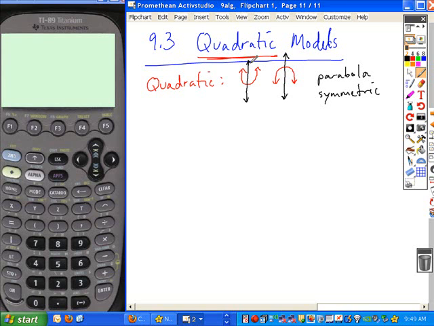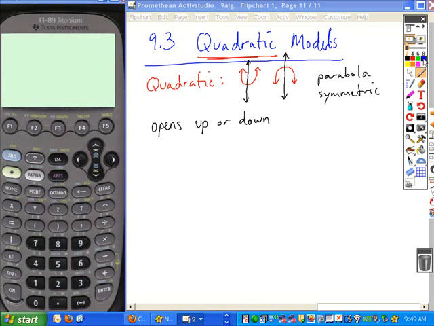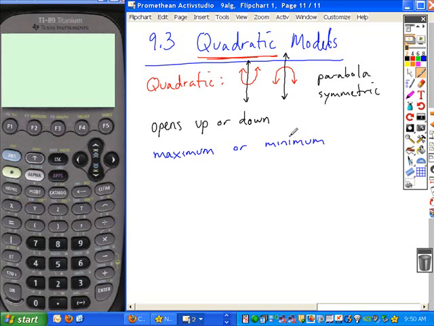It's not going to open to the side. And it's going to have a highest point or a lowest point. That will be referred to as the maximum or minimum, and this is called a vertex.